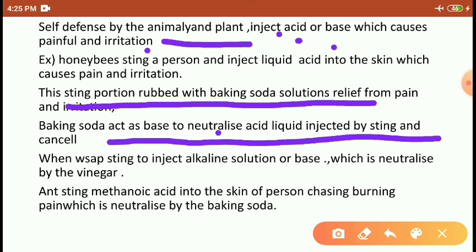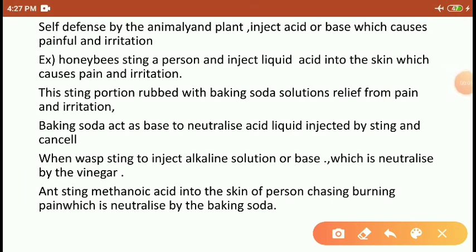Right, students? Okay students, one more thing: the wasp is a type of insect. When this insect bites our skin, it injects an alkaline solution, a type of base, and that base is neutralized by vinegar.